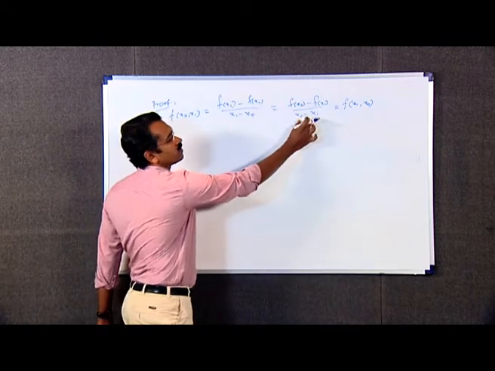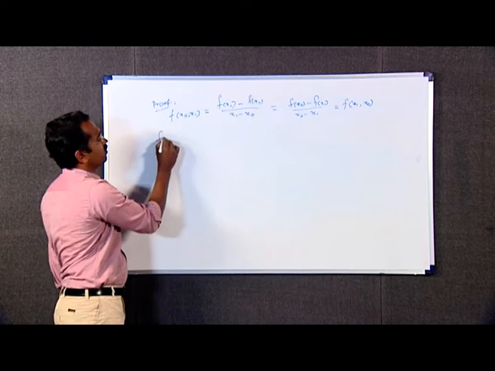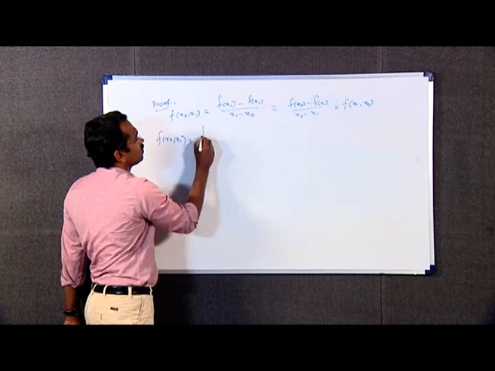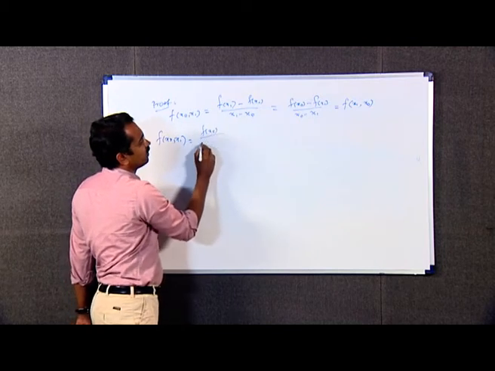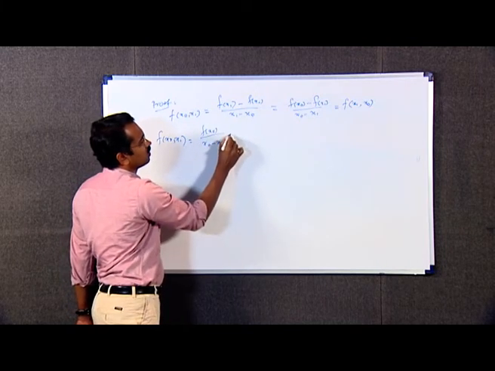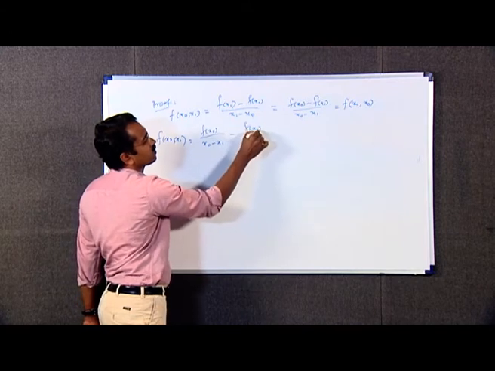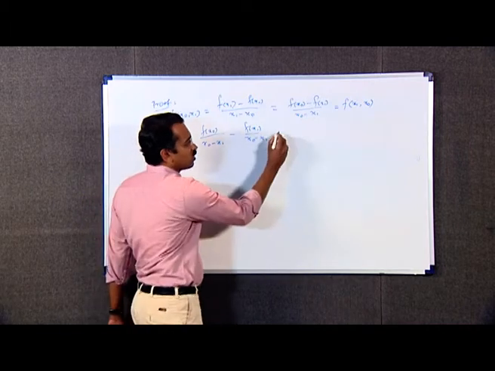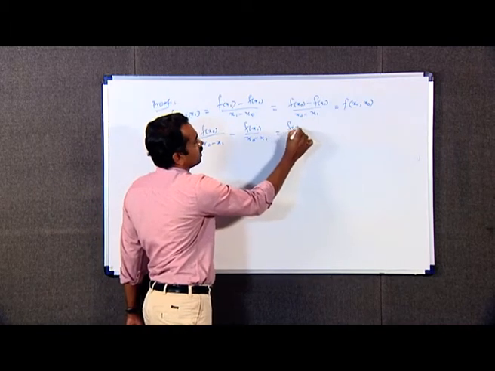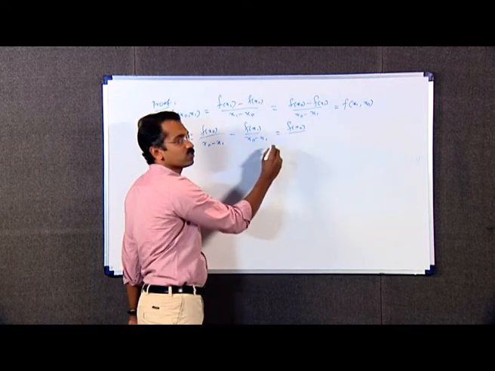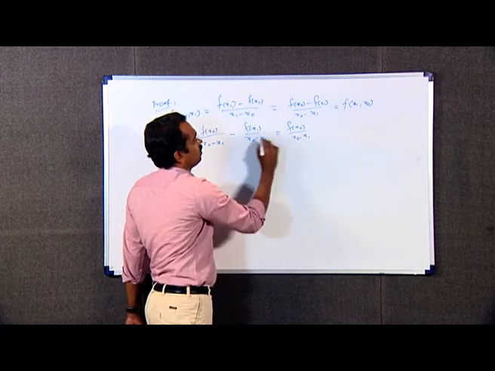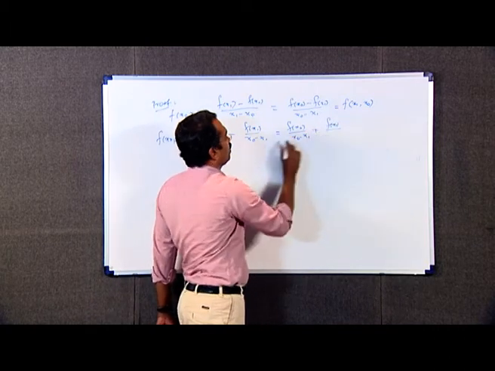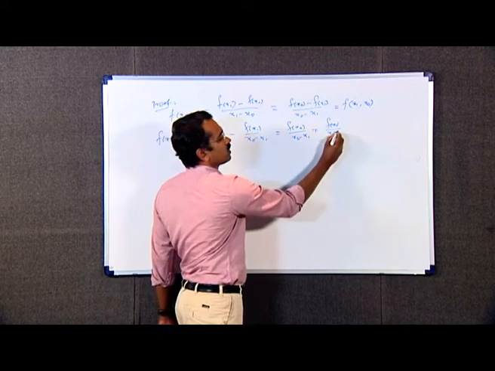Also, from this we can write f of x0 x1 as f of x0 divided by x0 minus x1 plus f of x1 divided by x1 minus x0.